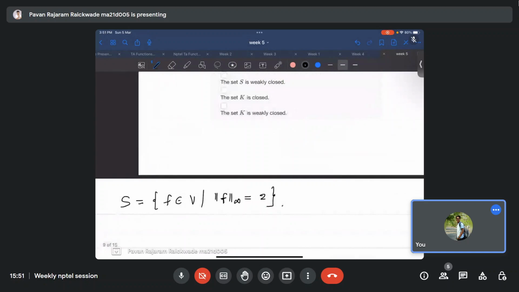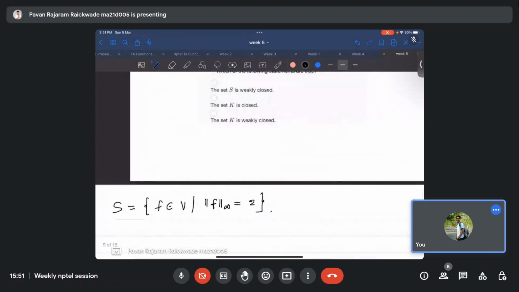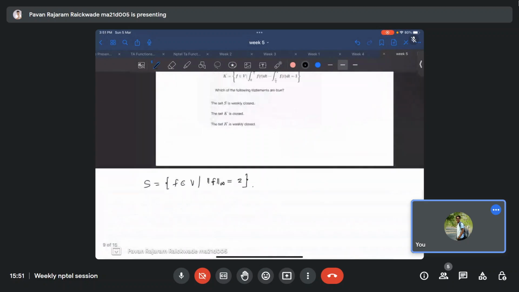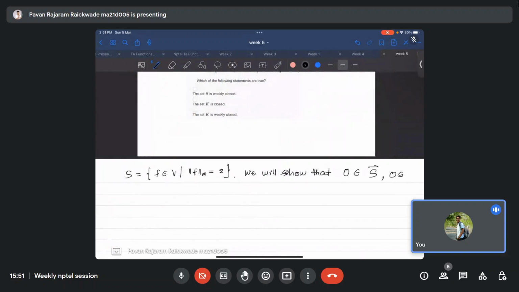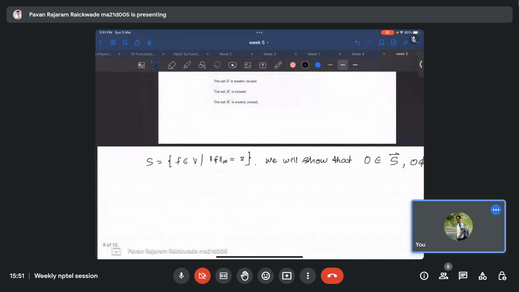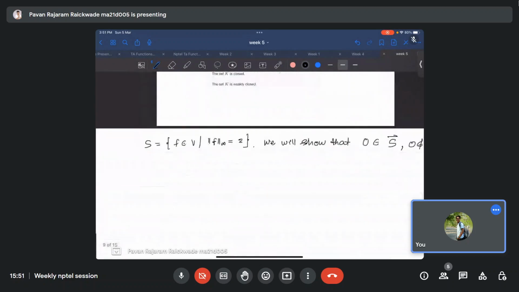We'll show that 0 belongs to the weak closure of S, and obviously 0 doesn't belong to S. So S is not weakly closed.